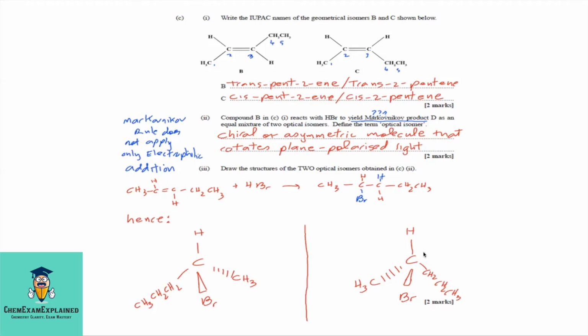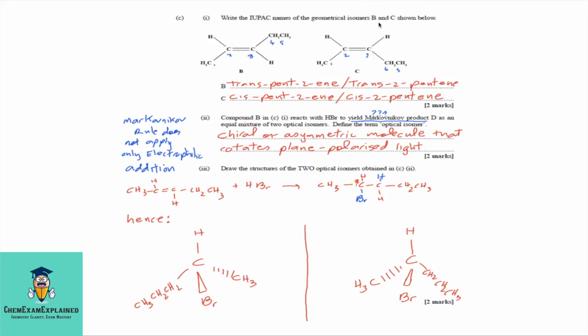These are enantiomers, and they are optical isomers. All right, so if you want to identify which carbon in this compound is the chiral carbon, you'll see that this one is a chiral carbon right here. And if we know that this one is a chiral carbon, you can identify it with an asterisk.